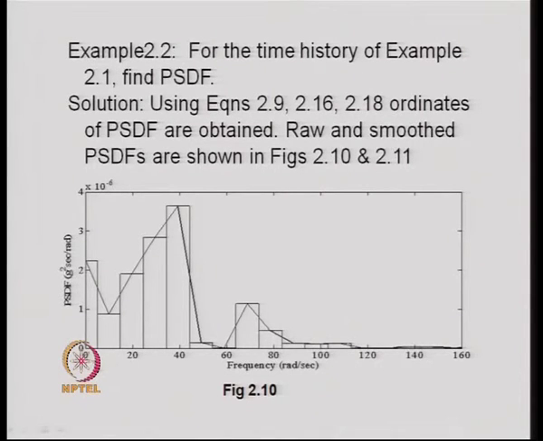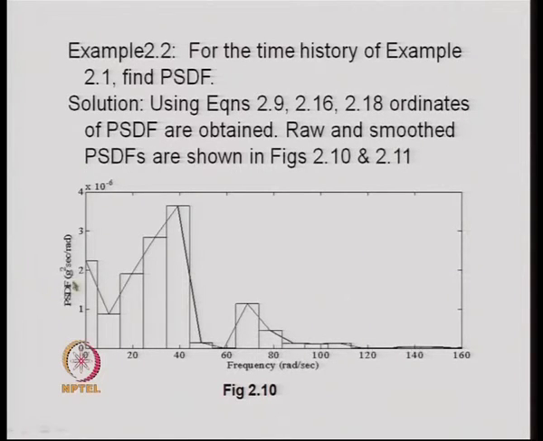So, that way we can plot these histograms. This histogram is spread over d omega, and this value is equal to C_n square by 2 d omega. Now, if I join the center points of these histograms, then this shows the raw power spectral density function of the ground motion.